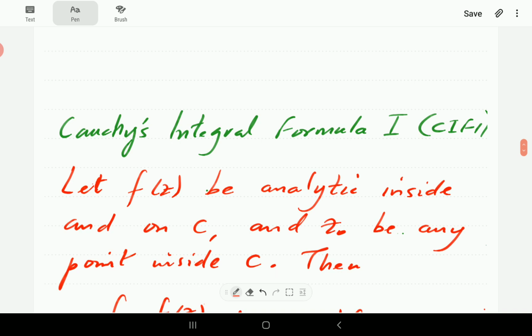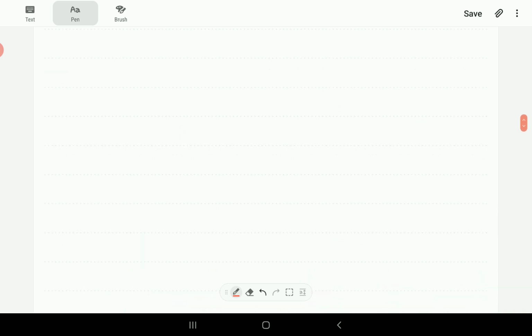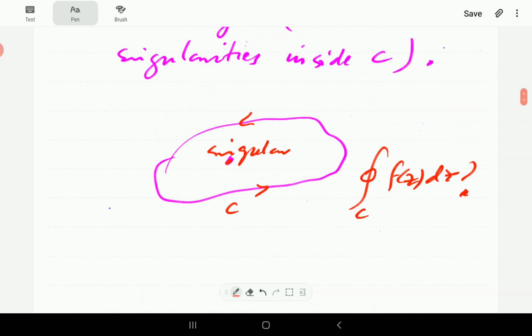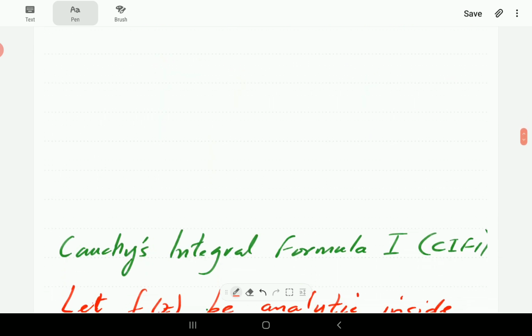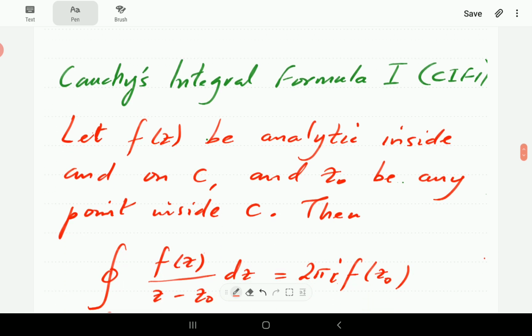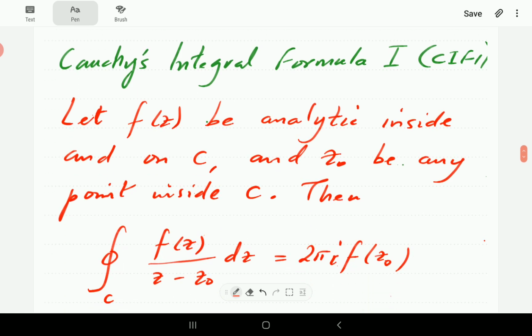So Cauchy's integral formula deals exactly with the case where now there is a point inside our contour C where the integrand is singular. So let's look at the statement of this Cauchy's integral formula.